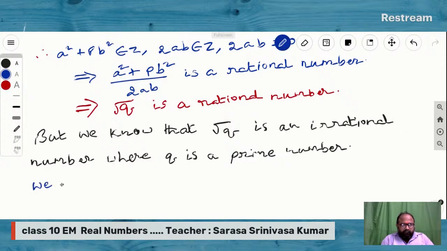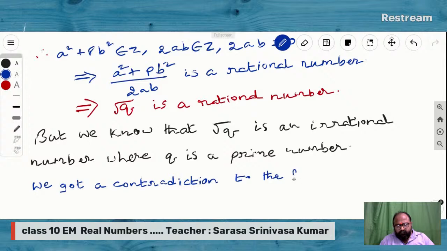So we write, we got a contradiction to the fact that square root of q is irrational.